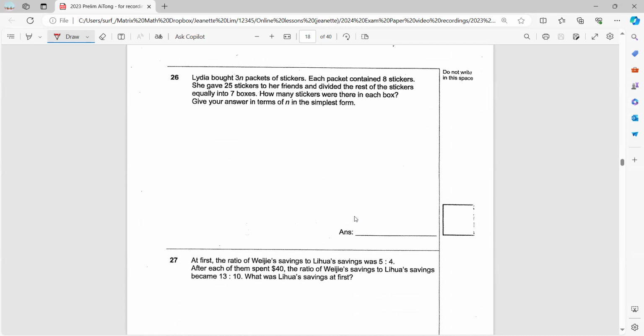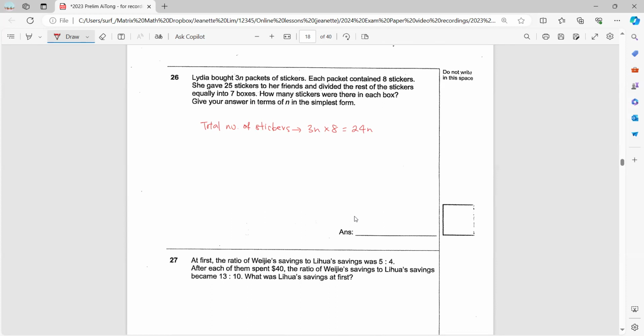Right, so there are 3N packets and every packet has 8. So total number of stickers will be 3N times 8, which is 24N stickers.